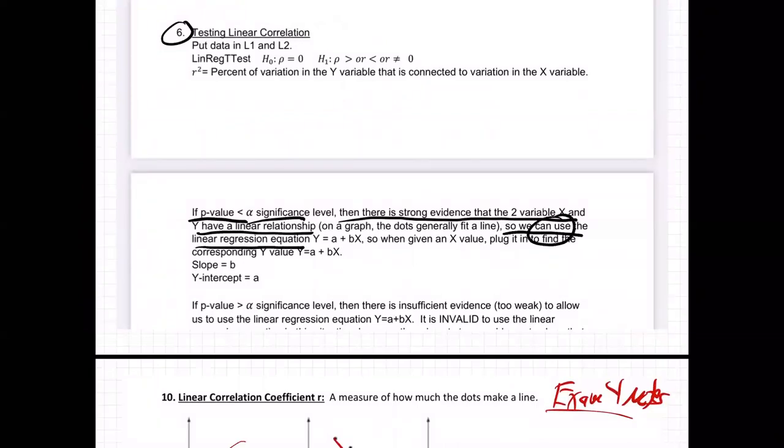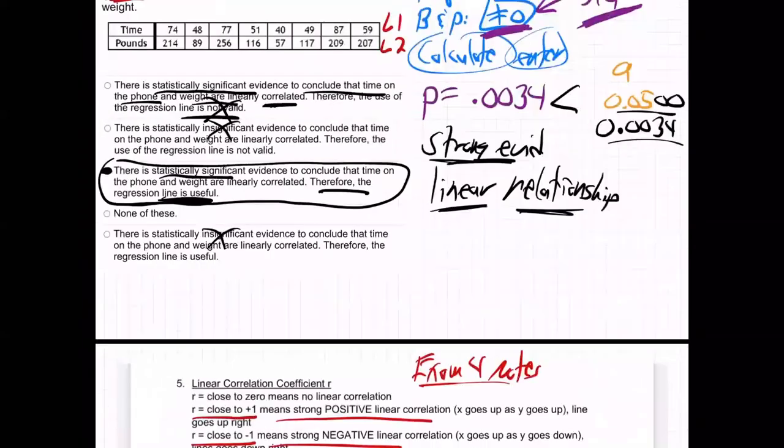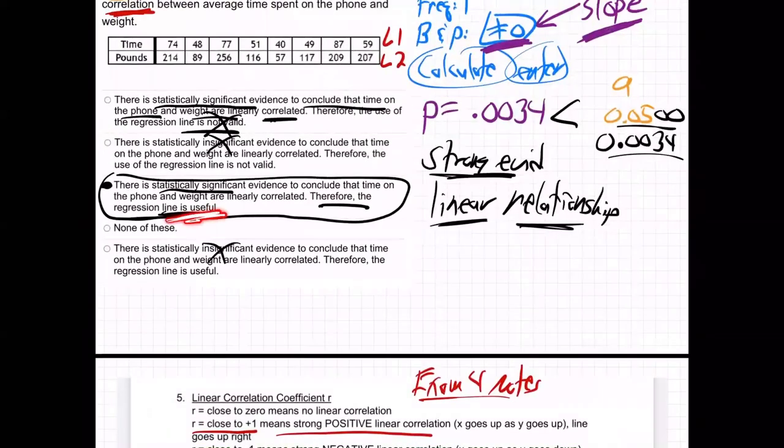Can use, that means it's useful. The other one, if the p-value is greater, says it's invalid to use the linear regression. See the difference? In our case, the p was less, which means we can use the linear regression equation. If the p-value is greater than alpha, then it's invalid to use it. So in our case, it is useful.